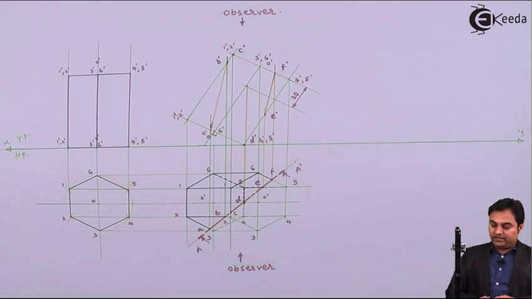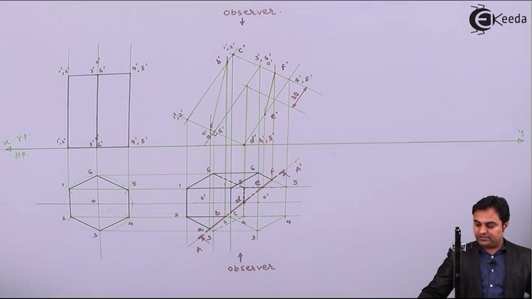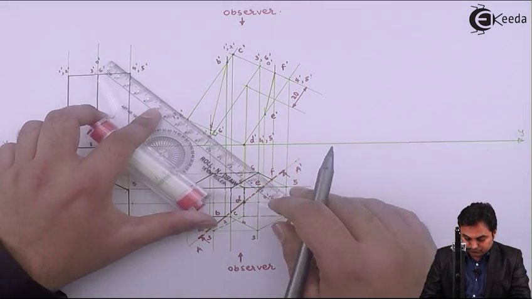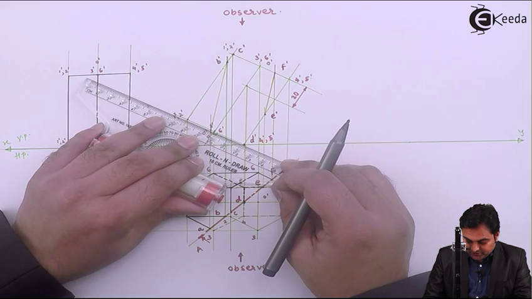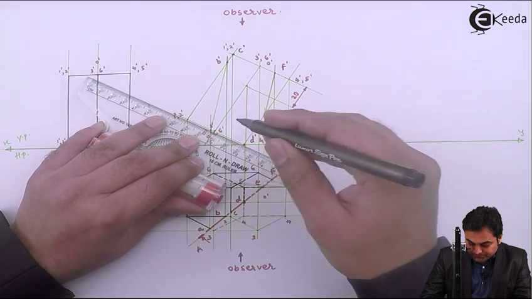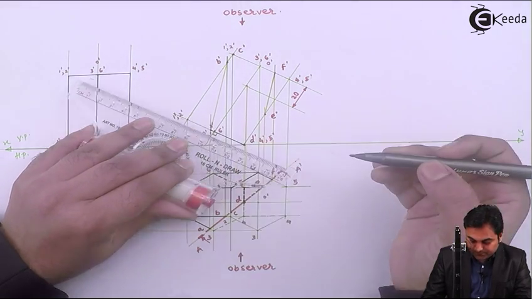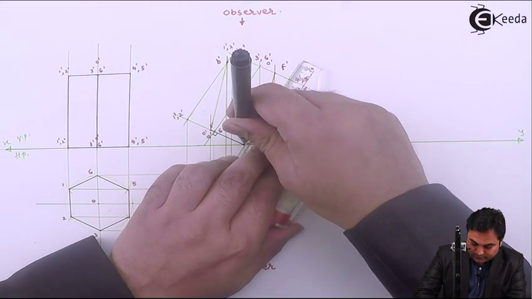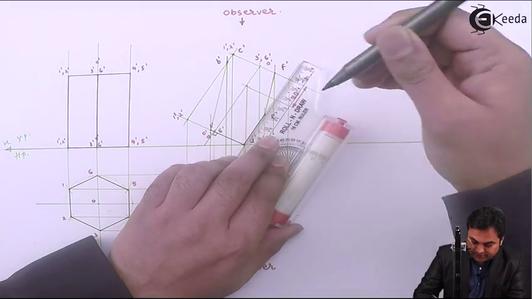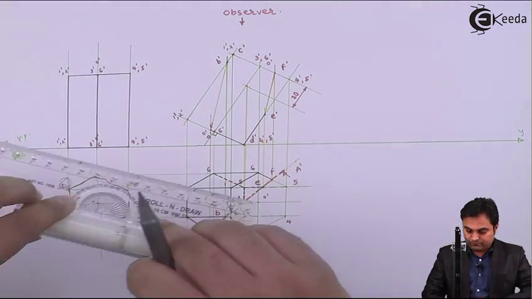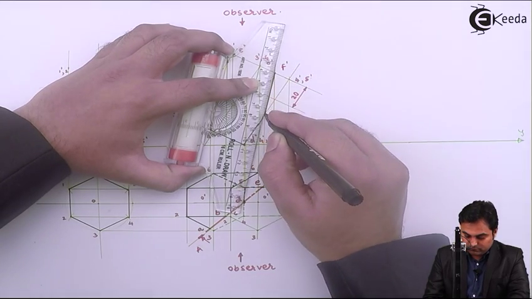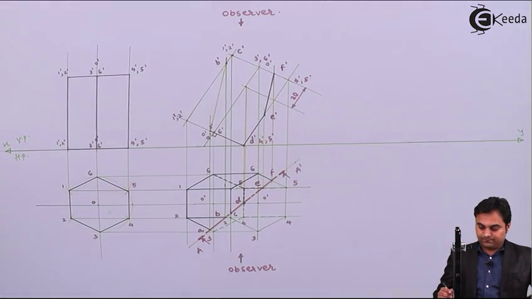Next, after that I'll make it dark so that we can understand which part is visible, and for that purpose, joining A dash with D dash. D dash with E dash. E dash and F dash.